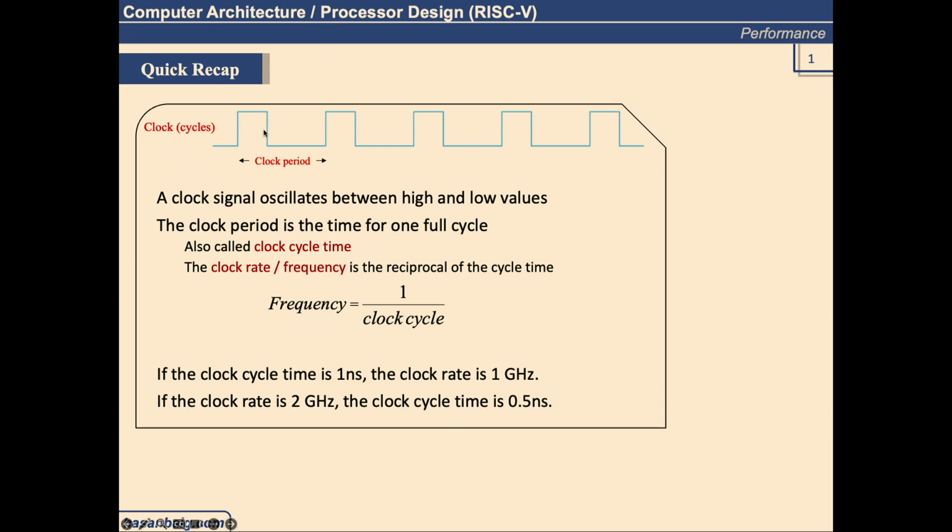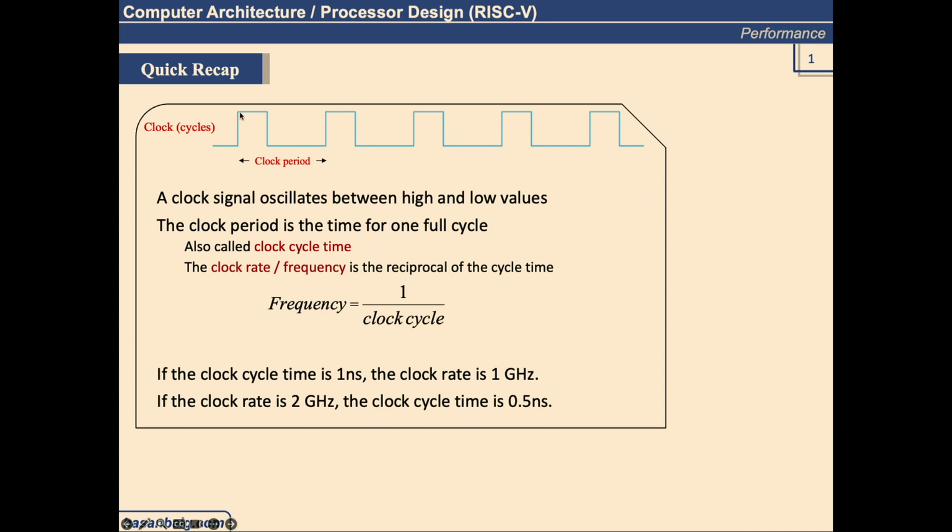We also talked about the clock period. The clock period is this, from one high level and then one low level, and the inverse of the clock period is generally referred to as frequency. The clock cycle or the clock period is the same thing. We discussed examples like if the clock cycle time is 1 nanosecond.